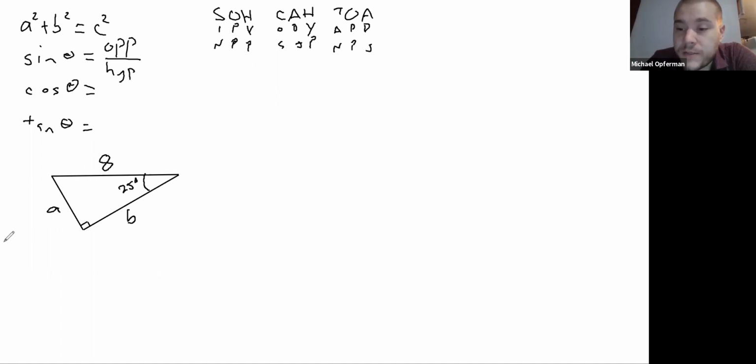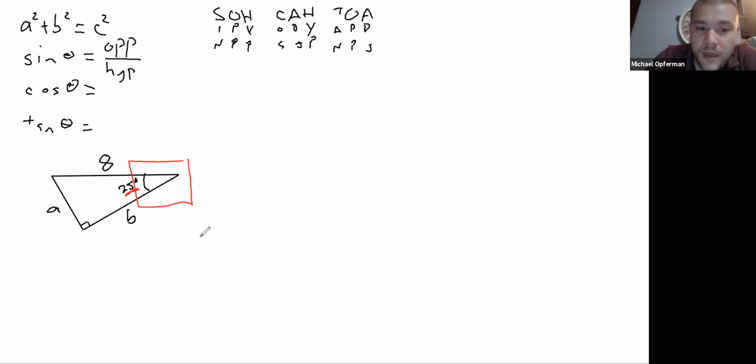And let's stop for a second here. What does that mean? What is opposite? And what is adjacent? And what is hypotenuse? There's always going to be one particular angle in the triangle that you have your eye on. In this case, the 25-degree angle. So as soon as I have my eye on this 25-degree angle, I now have a preferred angle in the triangle.